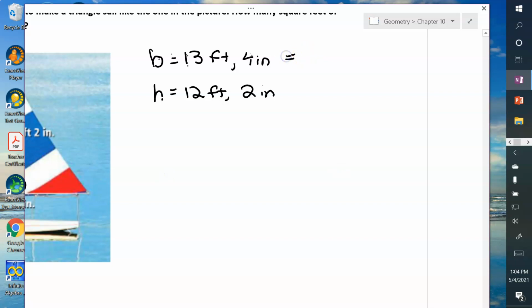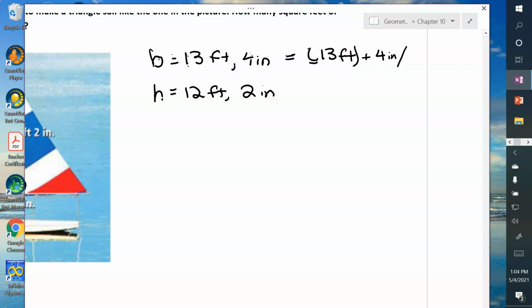So my base is going to be 13 feet plus 4 inches. And this is giving me a hard time writing, guys. And then to convert that, I'm going to multiply by a conversion factor.